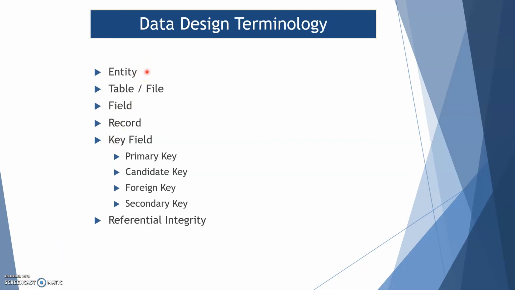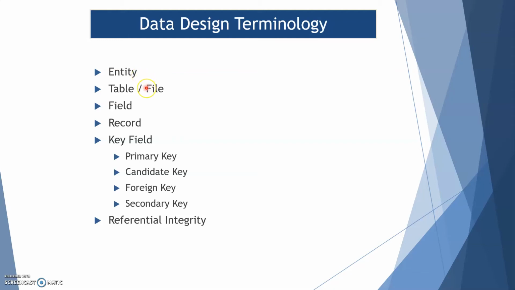For example, an online system may include entities named customer, order, product, and supplier. When you construct a DFD during the system analysis phase, you need to identify various entities and also the data stores, and after that, you will consider the relationships among the entities.